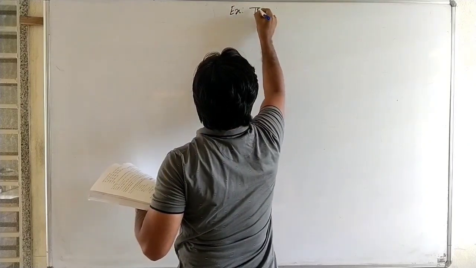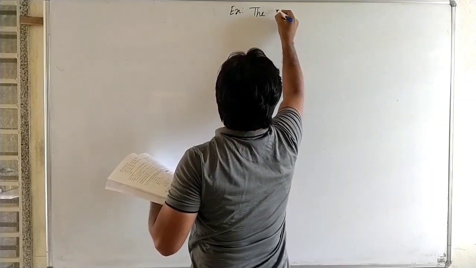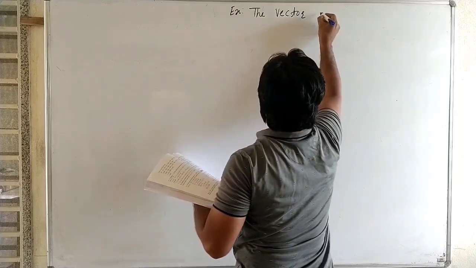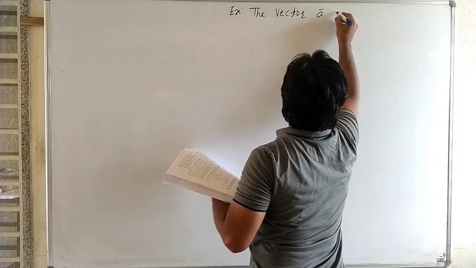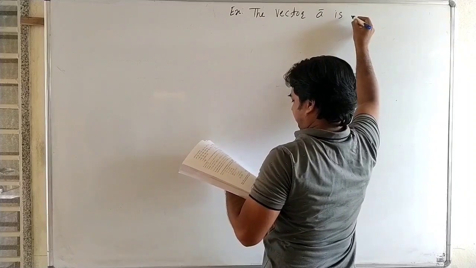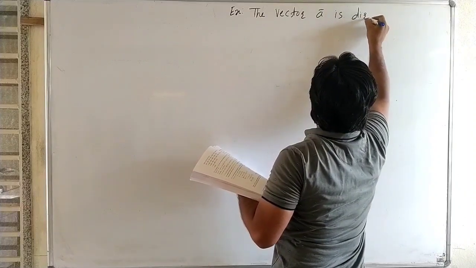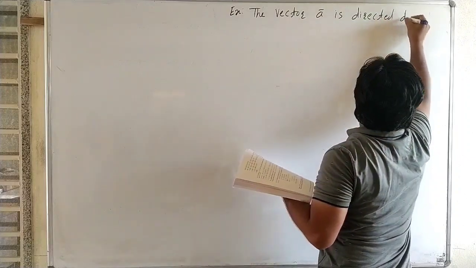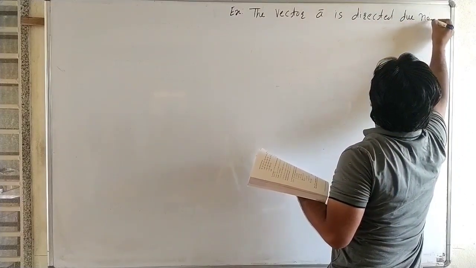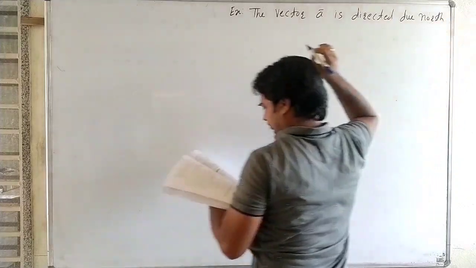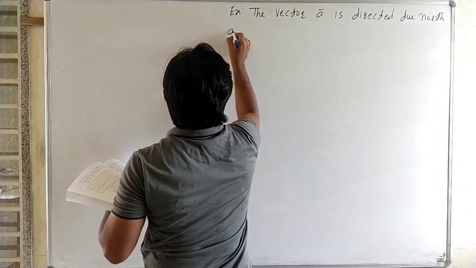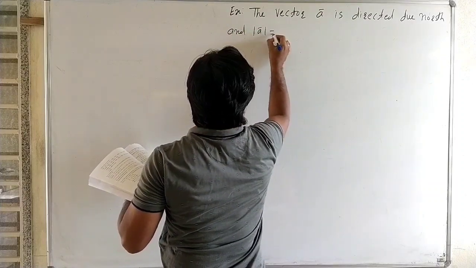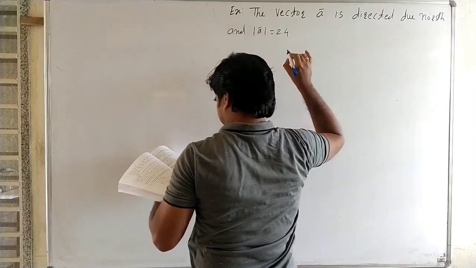The vector A bar is directed due north and the magnitude of vector A bar is 24.